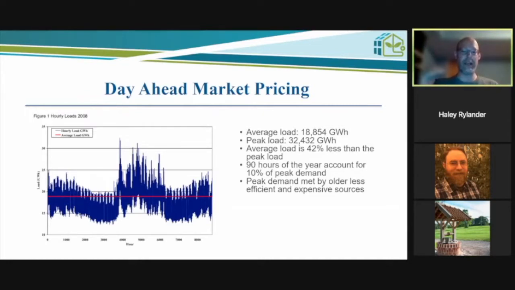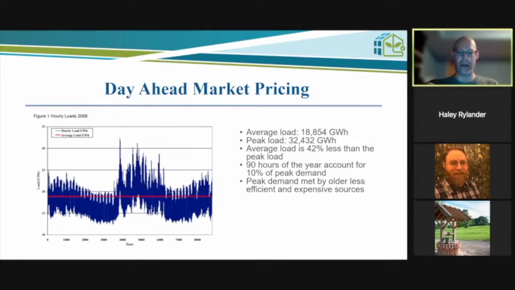So there's quite a difference between the peak and the average. It's hard to see from this graph, but only 90 hours of the year account for 10% of the peak demand. In those hours, it's very expensive for the utility to provide electricity, so they'd like to avoid people using electricity during that time.